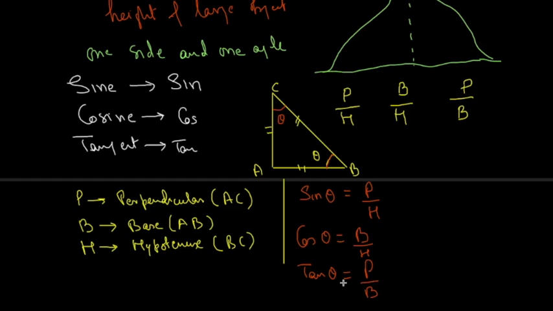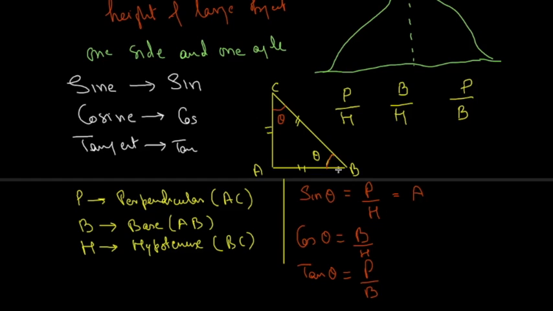Now, in your books or in the videos of some other educators, you may find a different mnemonic or a way to remember this. Now, this line, this AB, is what? It is adjacent to this angle. So this is also called the adjacent side.